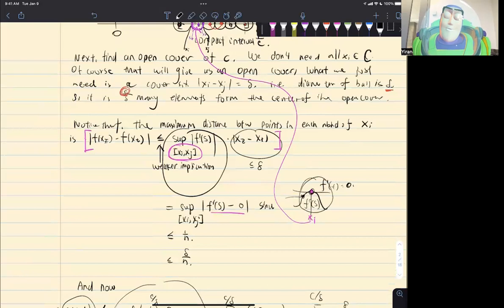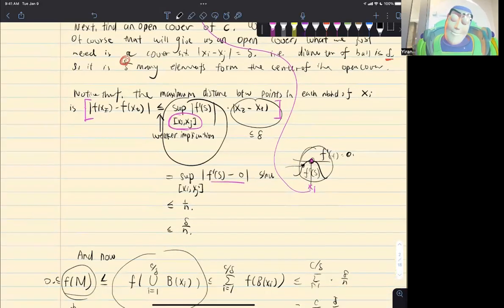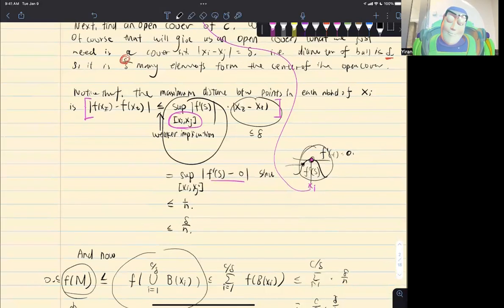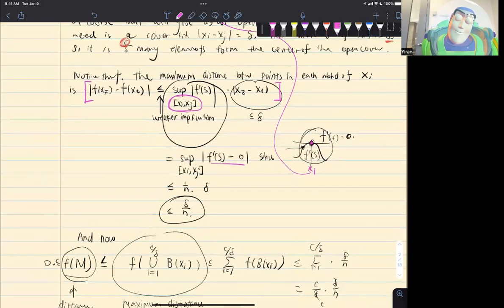It must be smaller than 1 over n. Therefore, okay, what do we have now? We have this is smaller than 1 over n times delta, so at the end this is smaller or equal than delta over n.